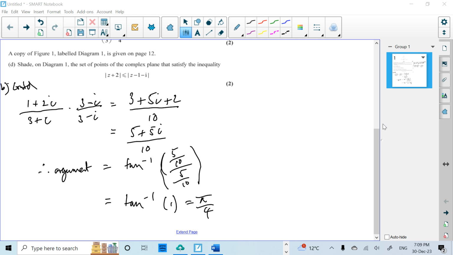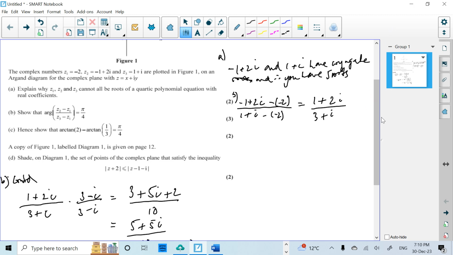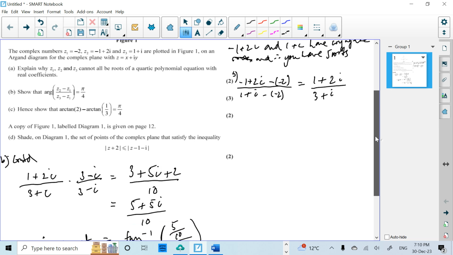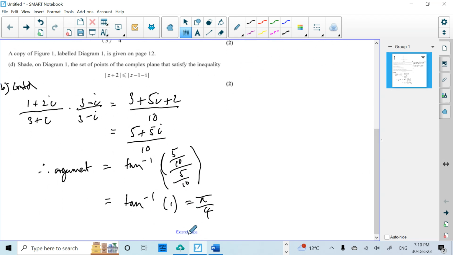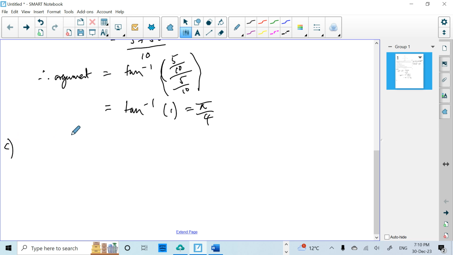Now, part C. Let's remind ourselves of part C. Hence show that arctan 2 minus arctan a third is equal to pi over 4. So we've got some results already. Now for part C, I'm going to put a please note. We need to be aware that when we divide two complex numbers, what happens?